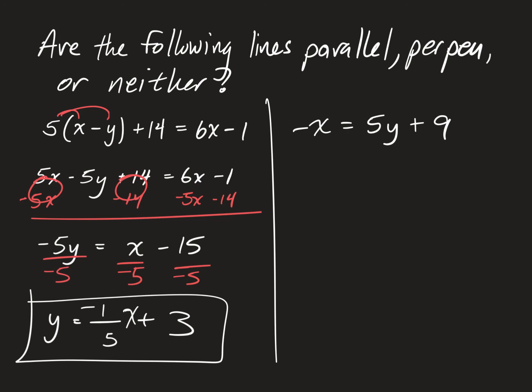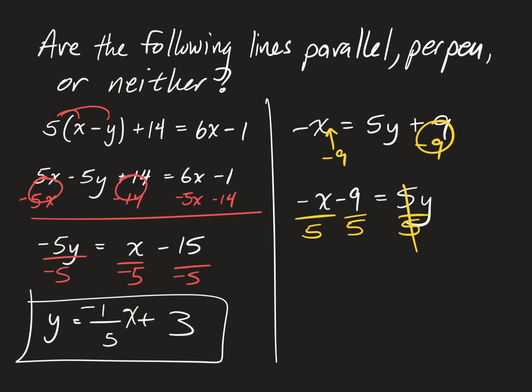We have negative x equals 5y plus 9. There's no distributions here, so the next step is get all terms with y on one side and all terms without y on the other. There we go. We subtracted 9 from both sides. Then we just have to divide every term by 5. So let's take care of that. I don't know why I picked 5 so much, but that's what we're doing.